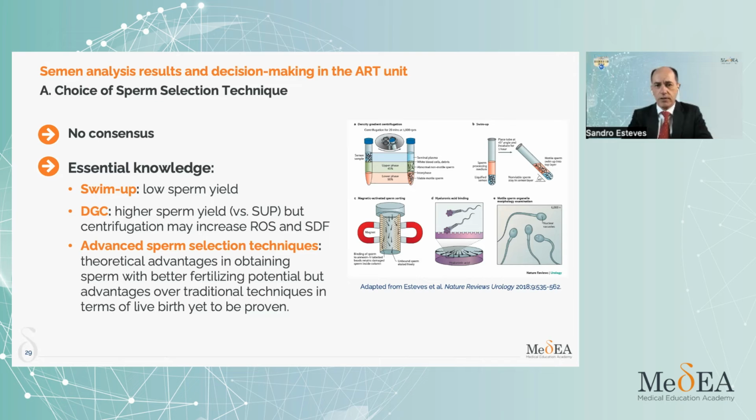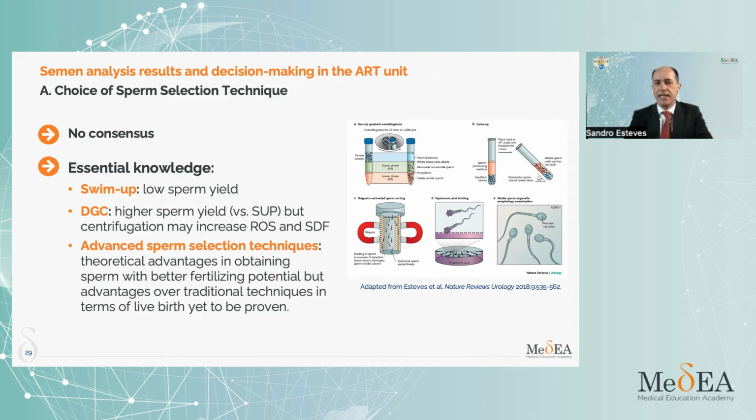Swim up, for example, is limited to semen with high sperm count and good motility. The density gradient centrifugation, by contrast, allows recovery of higher sperm yield and is more suitable for oligozoospermic and poor sperm quality specimens. But centrifugation can increase sperm DNA fragmentation induced by reactive oxygen species.